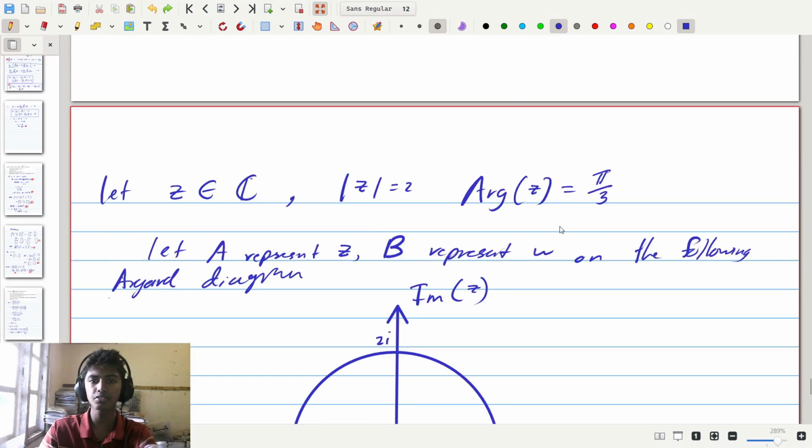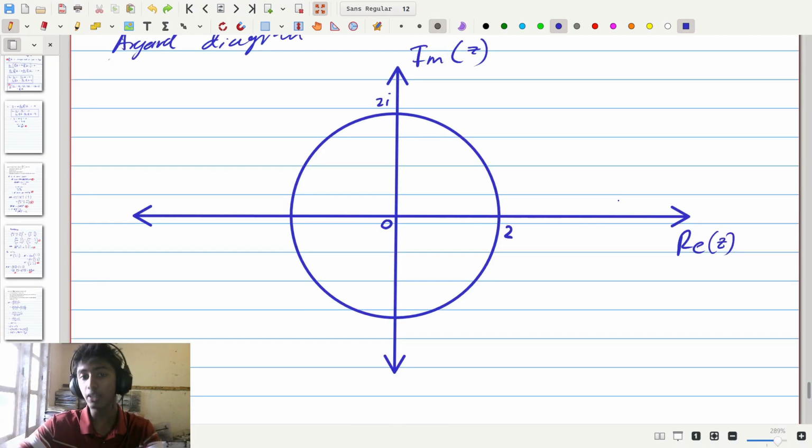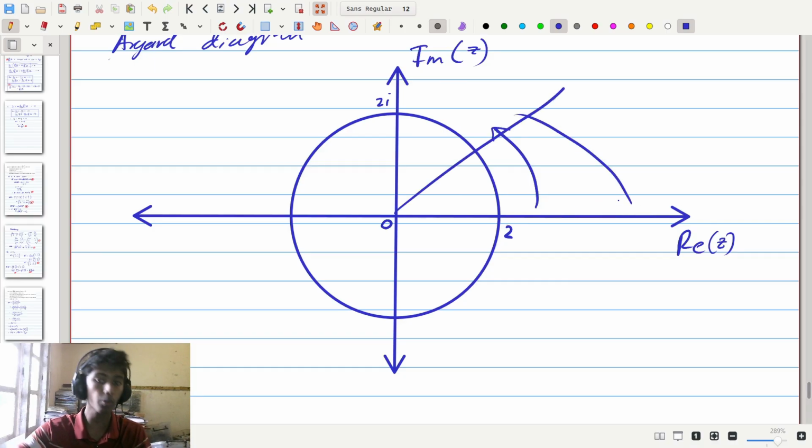Now if we consider that z's argument is pi by 3, meaning that going anti-clockwise from the positive real axis, when we go like this, we're going to get z at a point where the angle from the positive real axis in the anti-clockwise direction to that point is pi by 3.